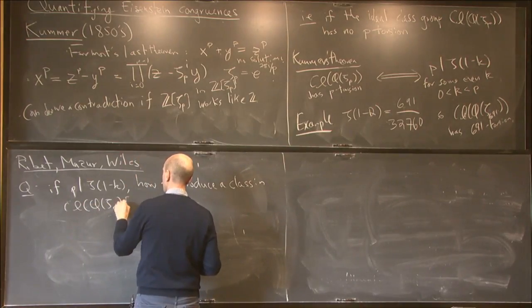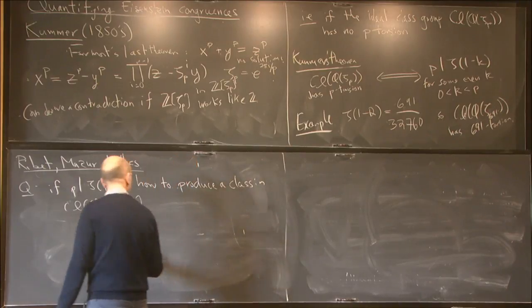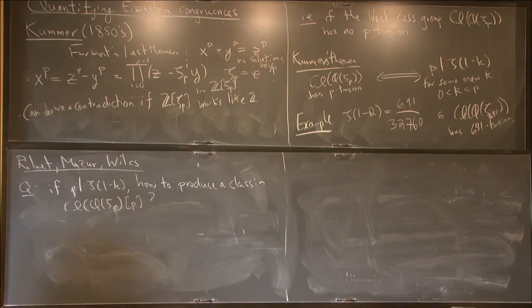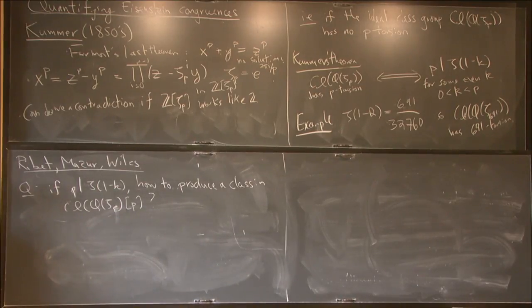So p torsion, something that's killed by p. So meaning, how do I make this more explicit? So Kummer's proof was more like looking at the numbers and comparing these two numbers, but not really taking p dividing that number and producing some class.